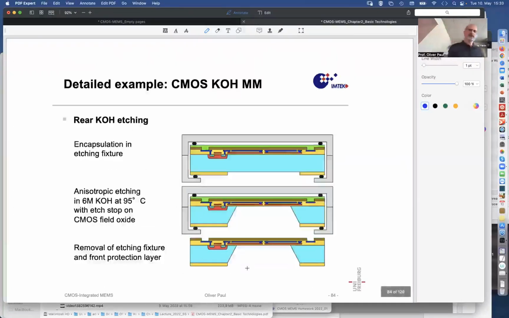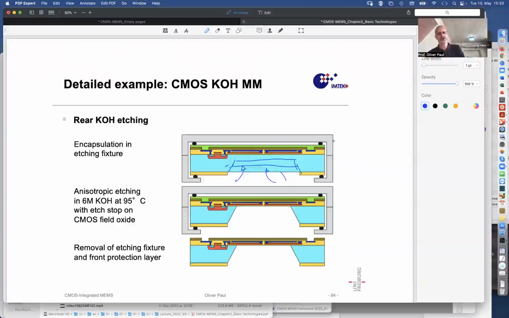And then these wafers are put into a special holder that protects the front again against the etchant that will surround the whole holder, and in particular attack this exposed surface to produce this silicon structure progressively. So starting from here to here, and then continuing until all the silicon is gone, thereby reaching the silicon oxide on the other side, the field oxide.